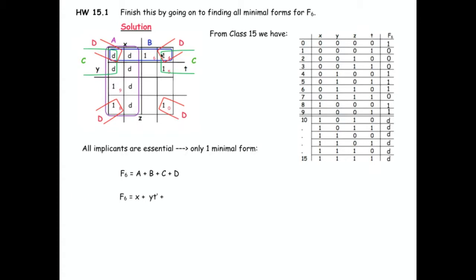Then B fully falls into Y, the true value of Y, but also fully falls into the complement of T. Then C also falls fully into Y and fully into the complement of Z. And then the last one is D. It fully falls into the complement of Z and into the complement of T.